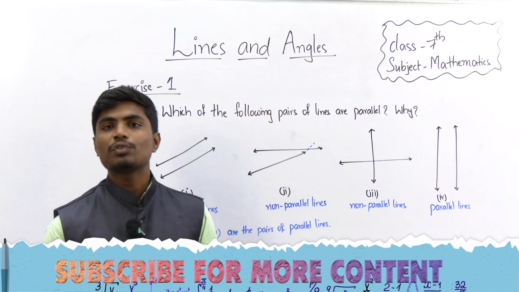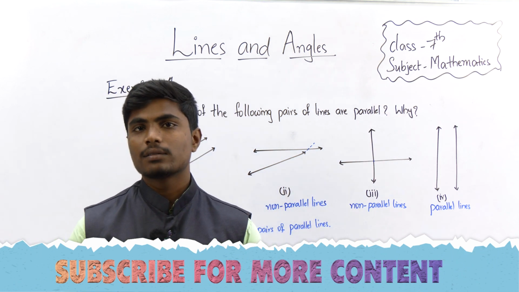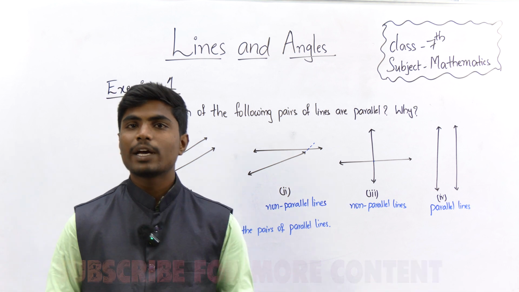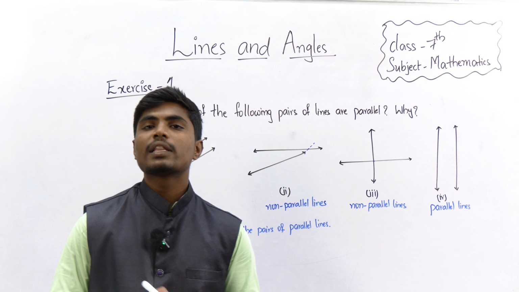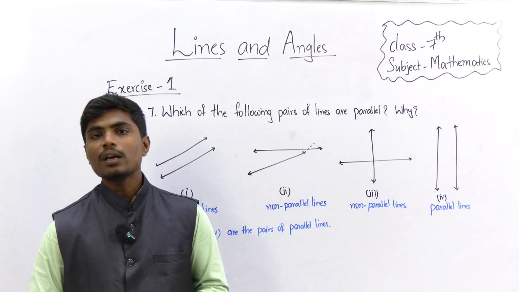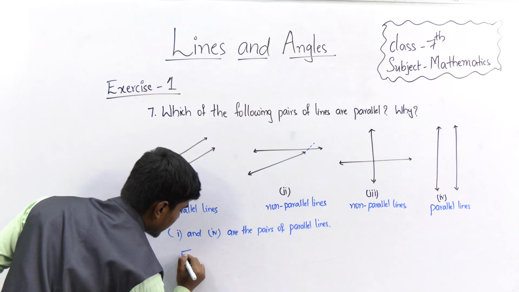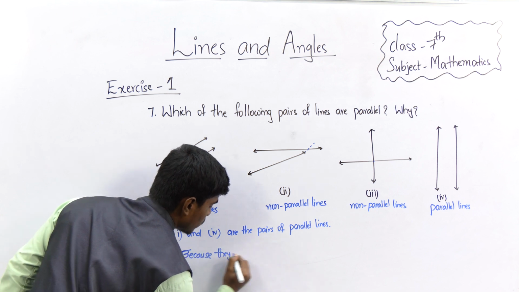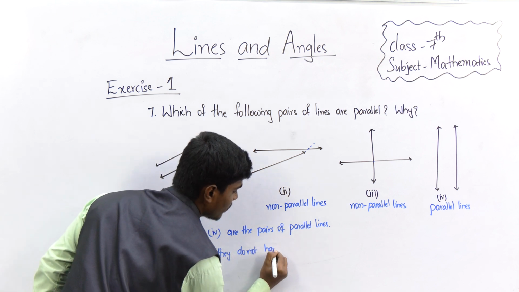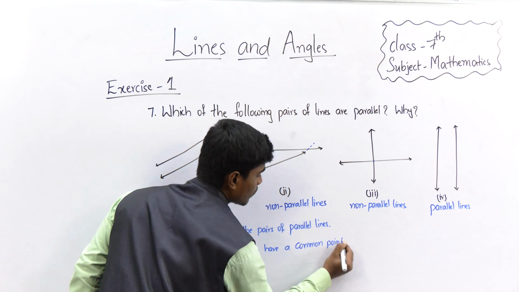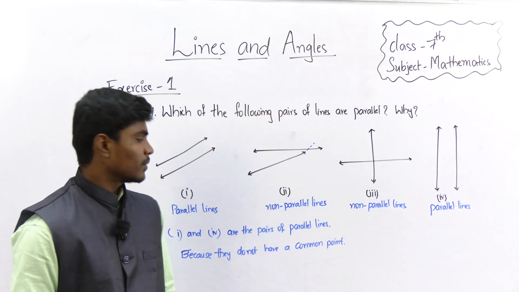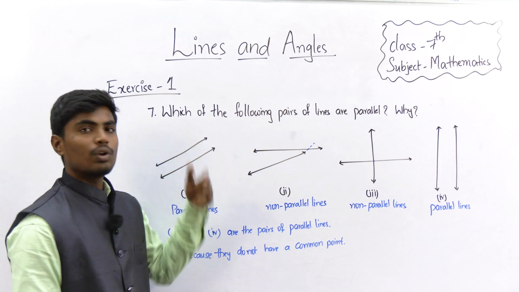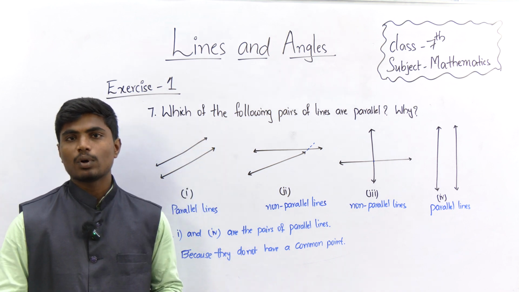Why means we have to tell the reason why they are parallel. Because they do not intersect each other, or they do not have a common point. So this is the solution for the 7th problem.